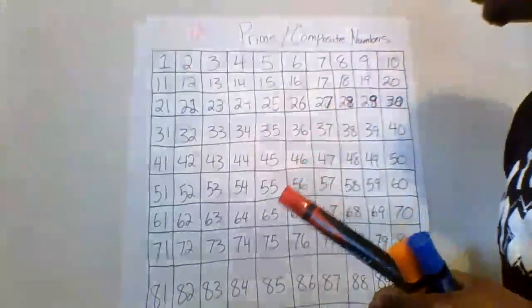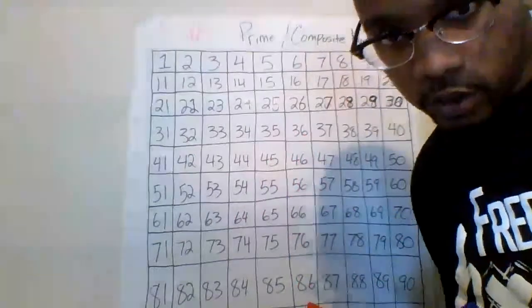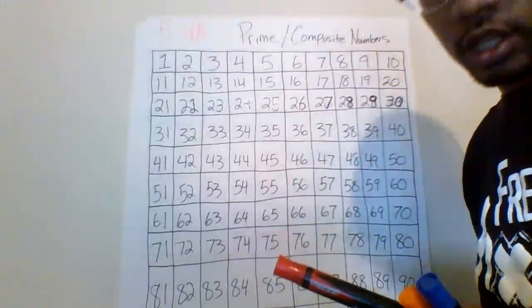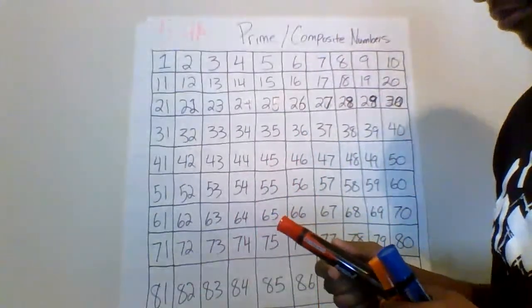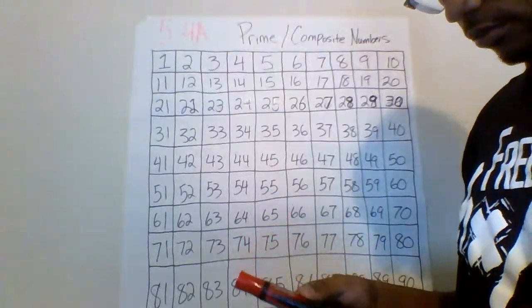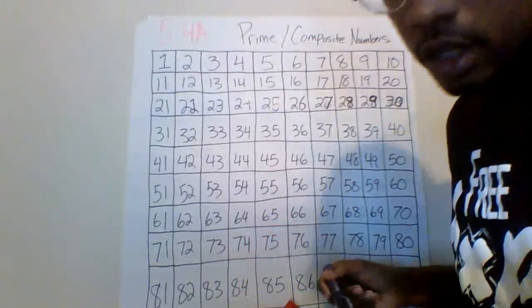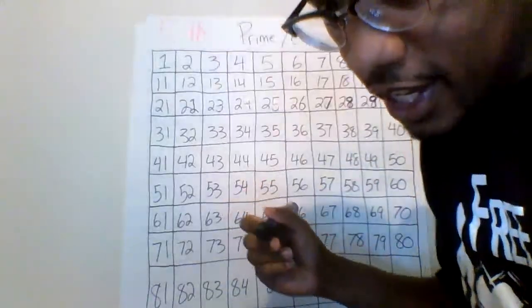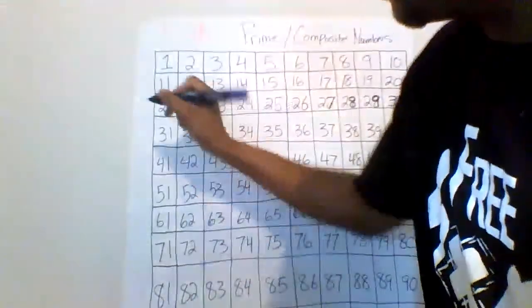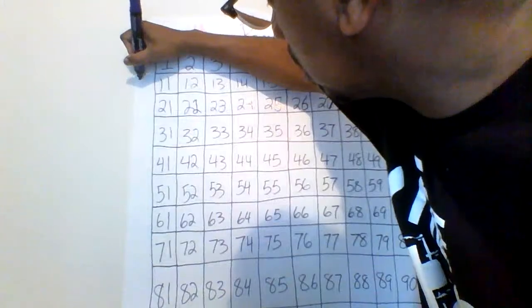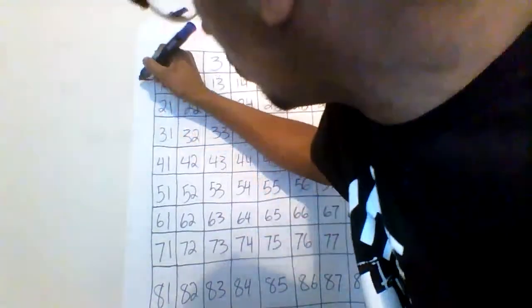I'm going to give you my color code over here. Hola, Amy. What's up, Layson? I'm going to do blue. My blue is going to be composite.